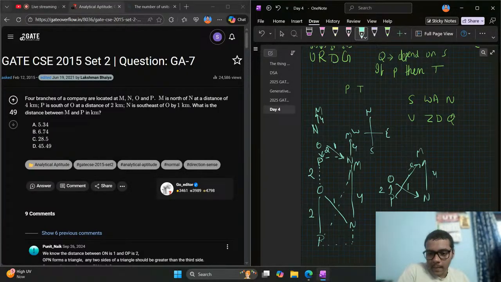Okay, got it. Okay, this is easy. All right. So you just need this length, right? Sine theta is x by hypotenuse.